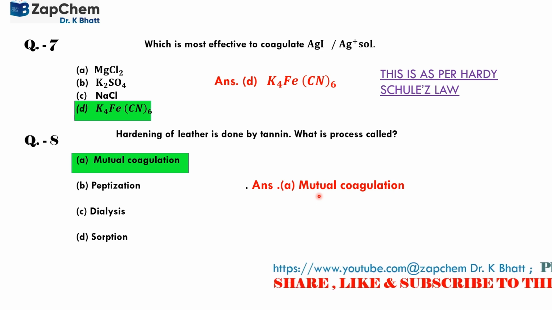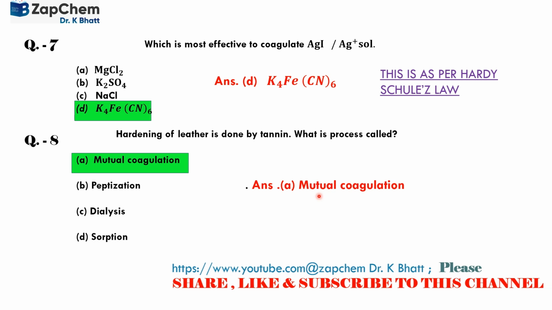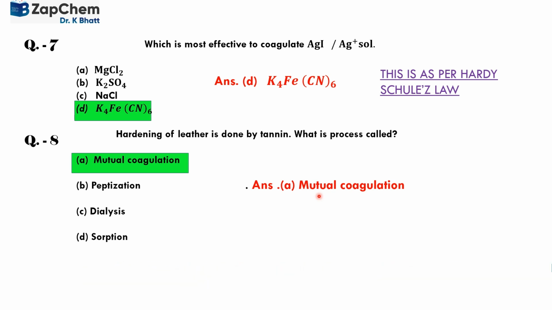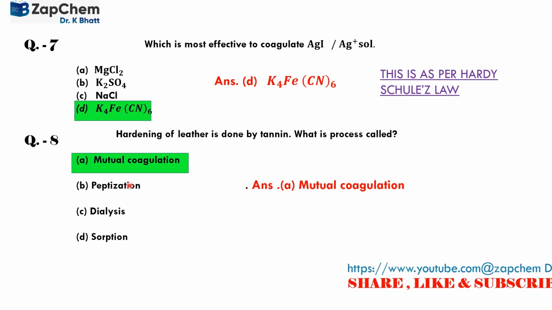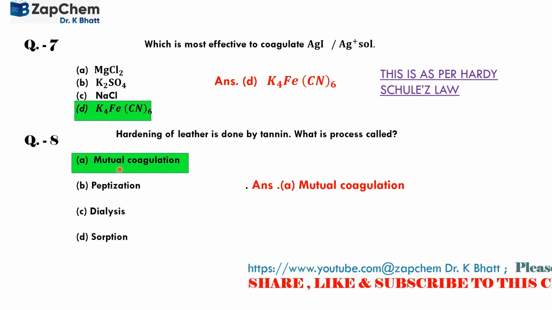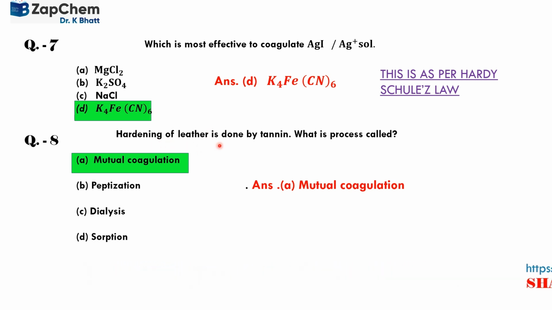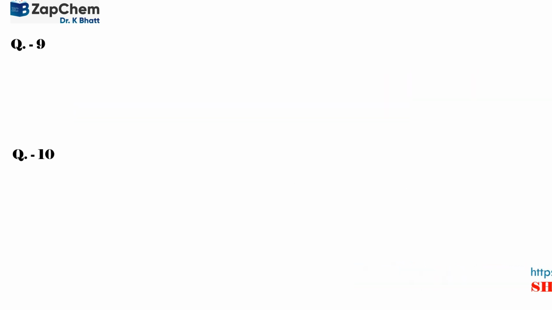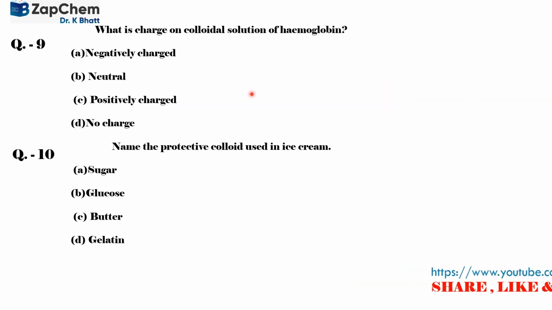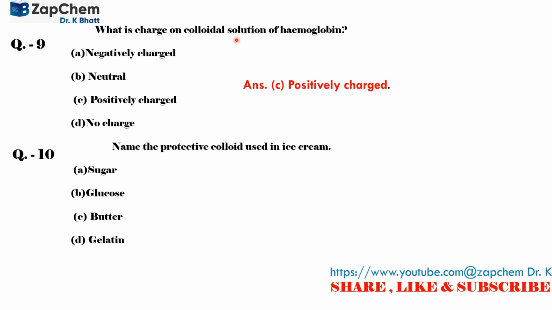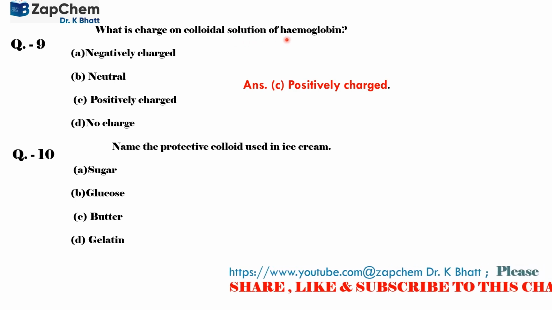Of course, this is a process of coagulating by mixing two different colloids, and this results in the formation of a colloidal system, known as mutual coagulation, and leather gets hard by tanning, which is formed by mutual coagulation. Next question is, what is the charge on the colloidal solution of hemoglobin?